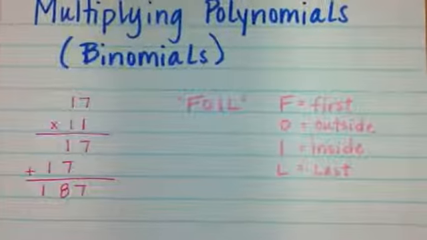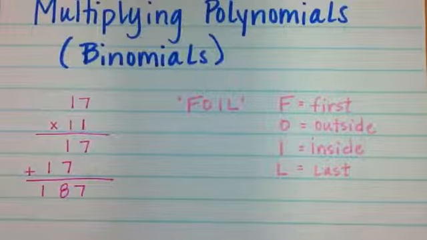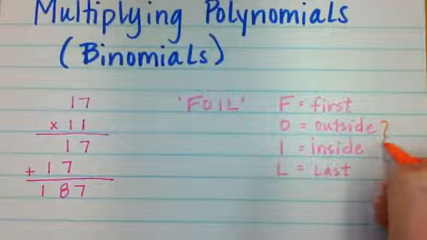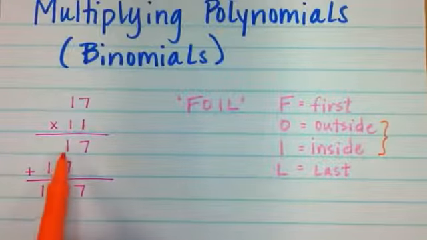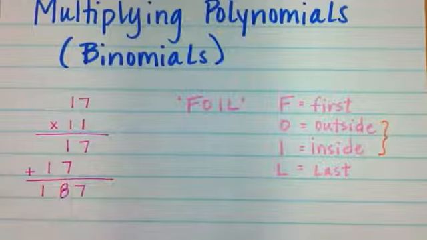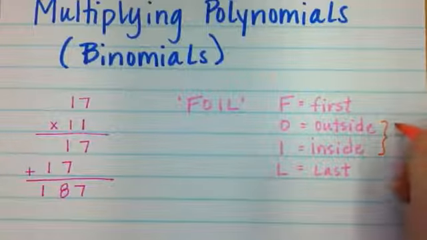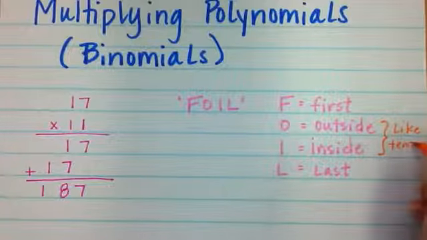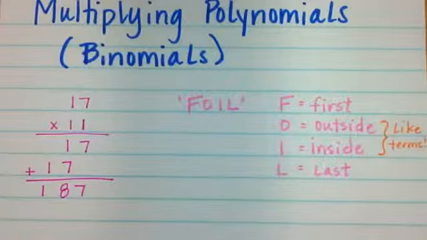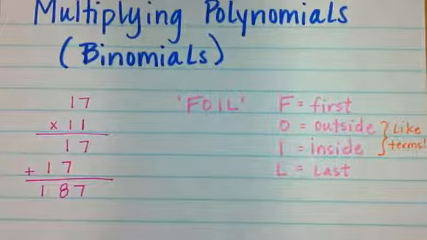And what you're going to find is that most of the time, these two are like terms, just like our middle two numbers here were like terms. Most of the time, these are going to be like terms that we can then combine together.